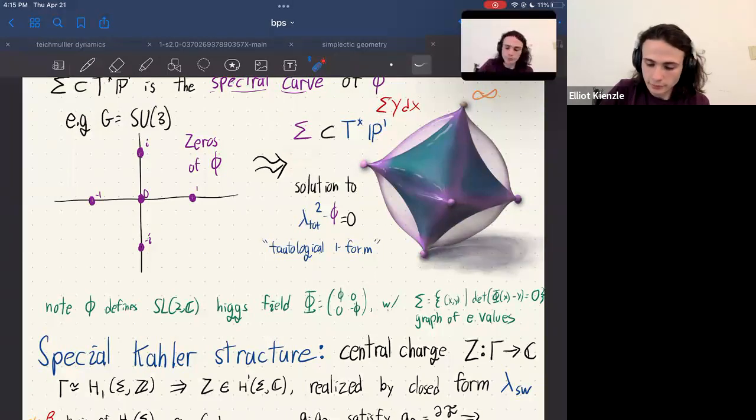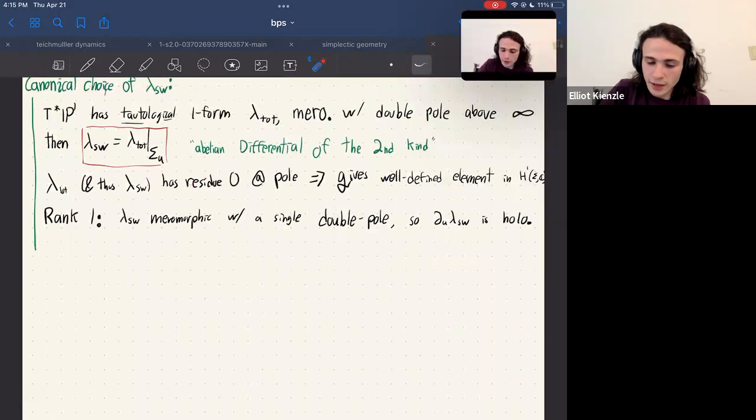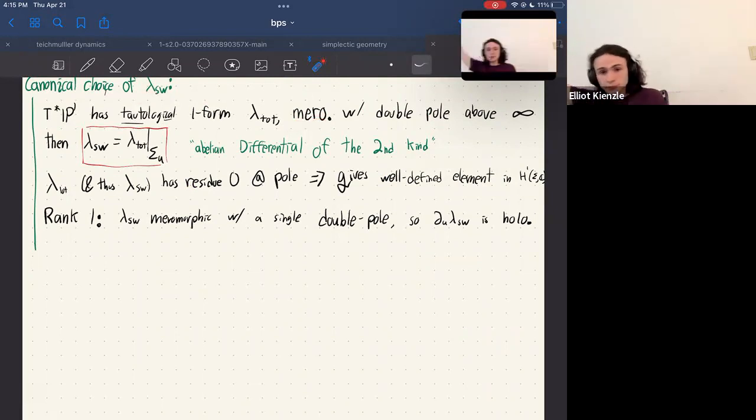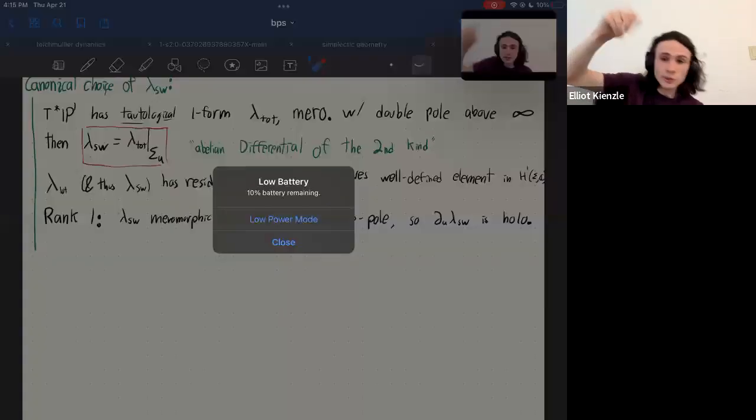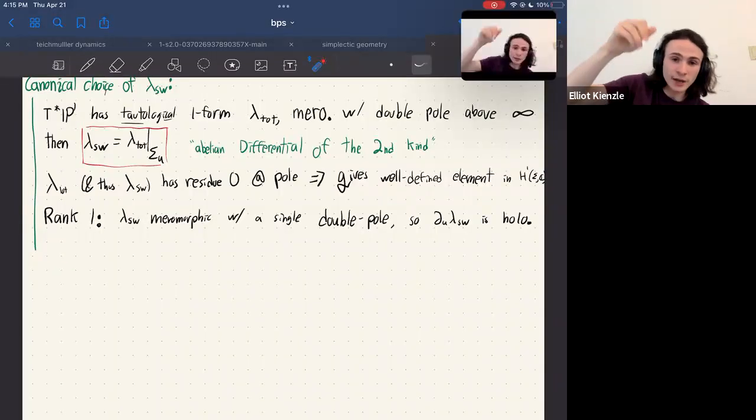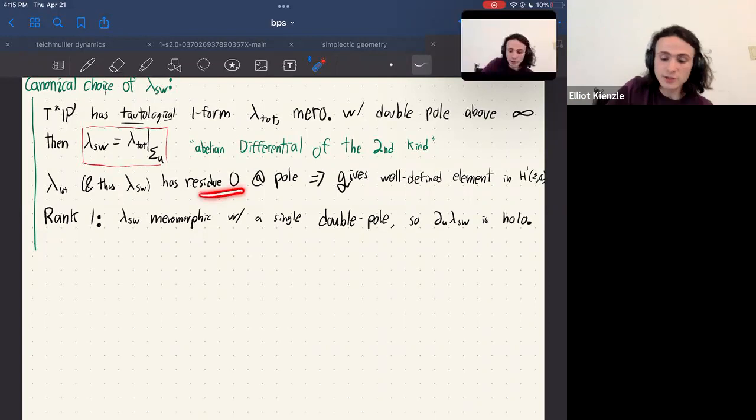And that gives us the Seiberg-Witten form. In particular, it's going to be meromorphic because that tautological one form has a pole at infinity, in particular a double pole. So the Seiberg-Witten form is just going to be some meromorphic form with the extra condition that every residue has to be 0, which means that it actually does indeed define an element of cohomology, because it doesn't matter which loop you take: the integrals of the loops around any given pole are just a residue, and they're going to be 0.